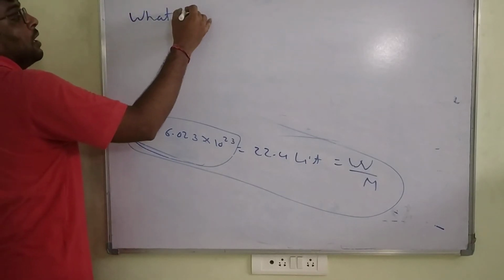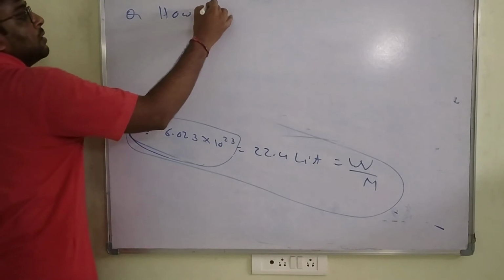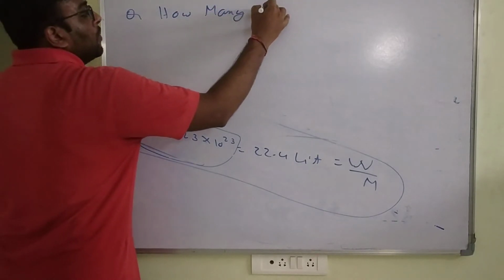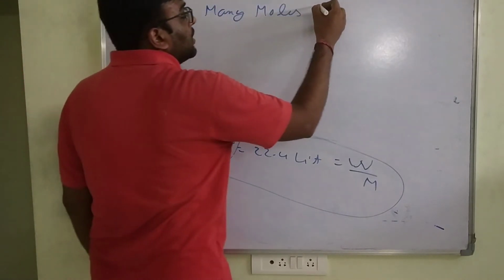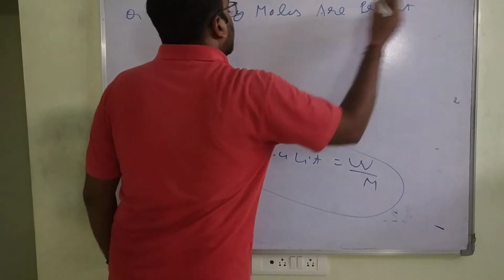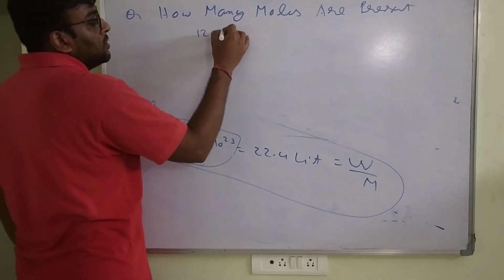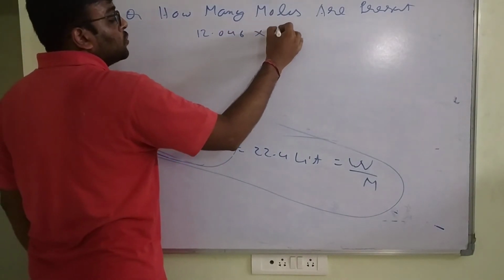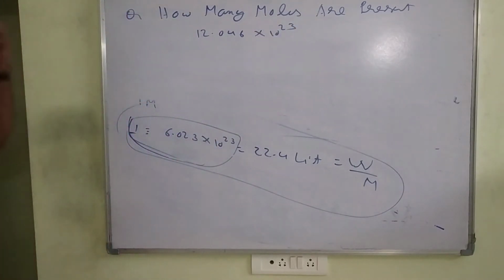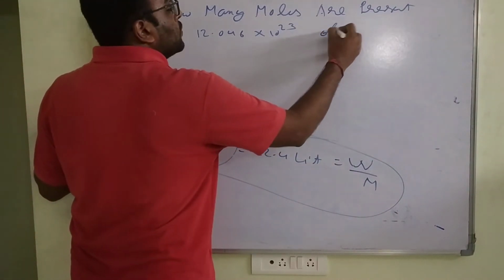Simple question first: how many moles are present in 12.046 into 10 raised to power 23 molecules of CO2 gas?